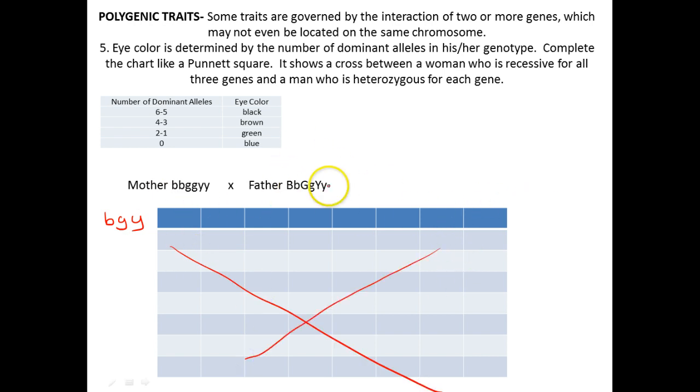Now the possible combinations for the father, okay, so the possible genotypes for the father would be big B, big G, and big Y, all dominant, or 2 dominant genes. And this is what you're given.